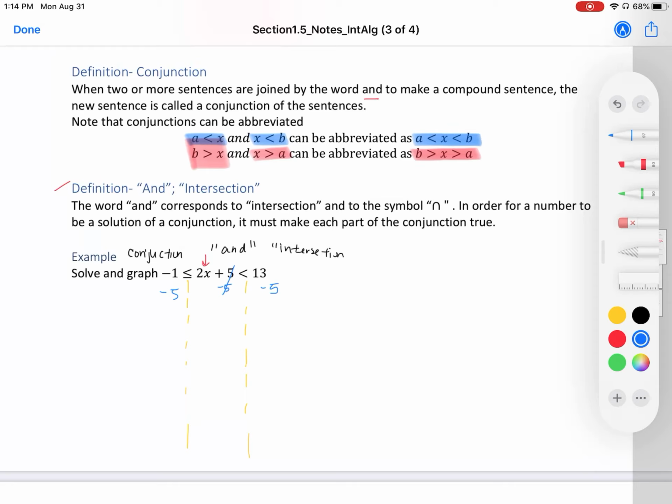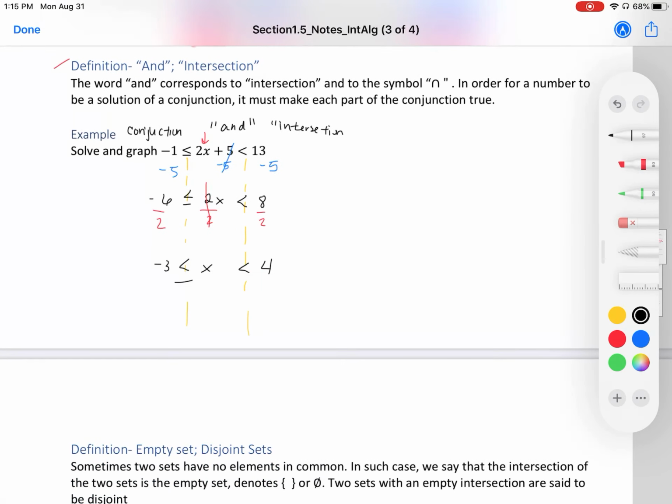And what do we have now? 1 minus 5 is -6, less than 2x, less than 13 minus 5, which is 8. Last piece, let's get x by itself by dividing by 2. But remember, what you do to one side, you do to all other sides. -6 divided by 2 is -3, less than x, less than 8 divided by 2, which is 4. And that's our answer.